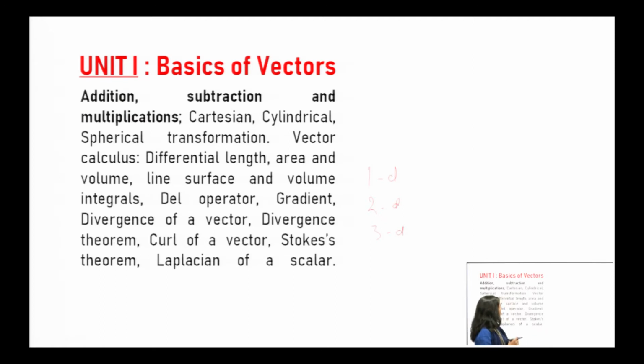So here we are going to study the three dimensional coordinate system, and our syllabus is limited to only Cartesian, cylindrical and spherical coordinates. We have studied all these things in previous classes.